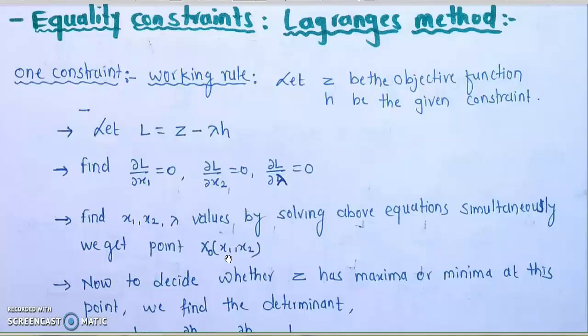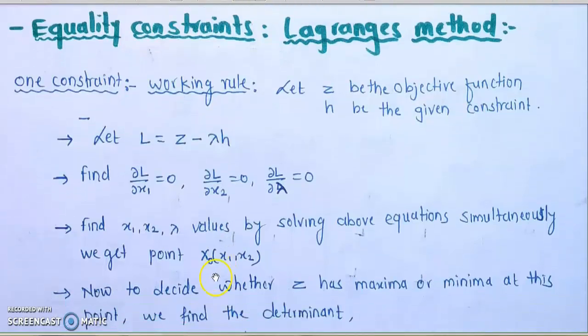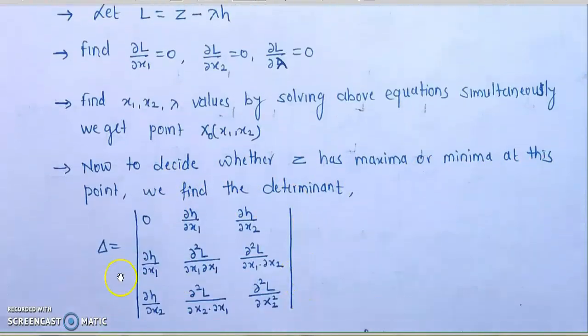At this point we have to decide whether the function has a maximum or minimum. So we have one method to decide whether z has a maximum or minimum. At this point we have to find the determinant del, equal to this. It's a 3 by 3 determinant. The first row and first column are the same, that is 0, partial derivative of h with respect to x1, partial derivative of h with respect to x2, and the same thing in the first column.